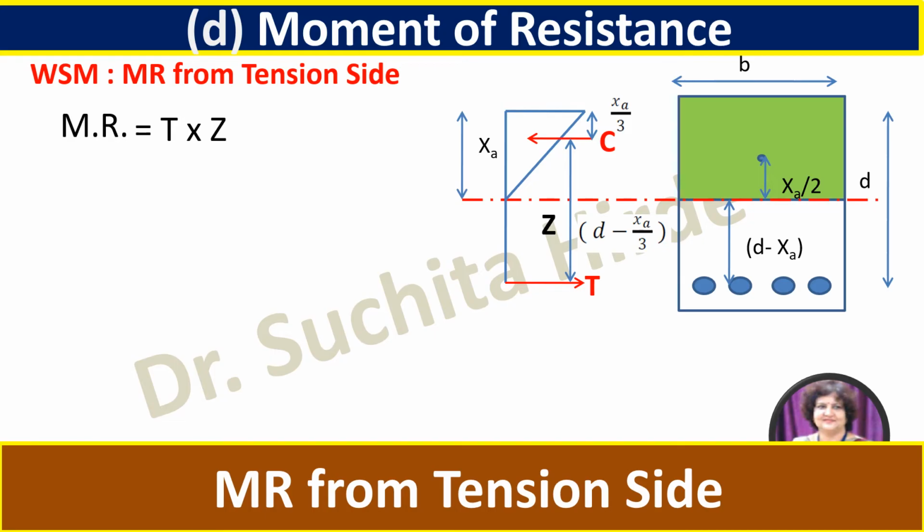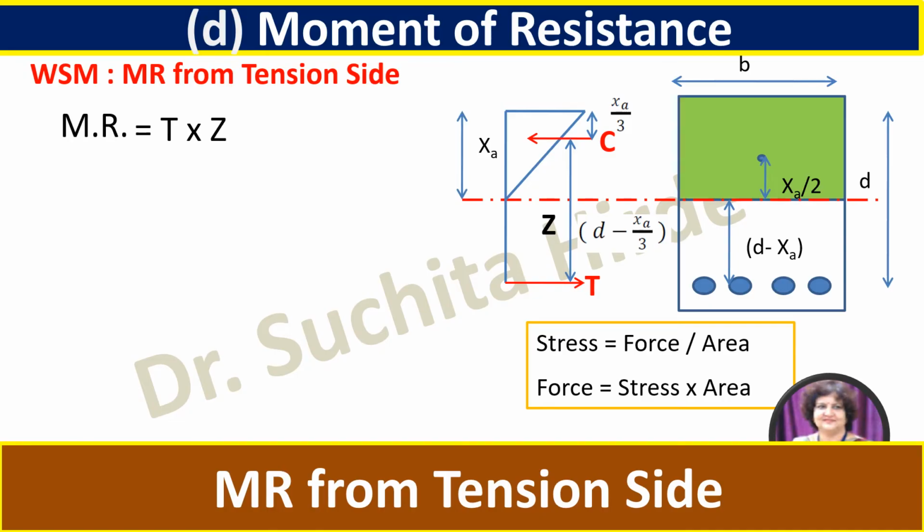Now what is T? T is the tensile force. We know the formula, stress is equal to force upon area, or force is equal to stress into area. So here T is the tensile force in the reinforcement, which is equal to the permissible stress in the reinforcement multiplied by the area of the reinforcement.